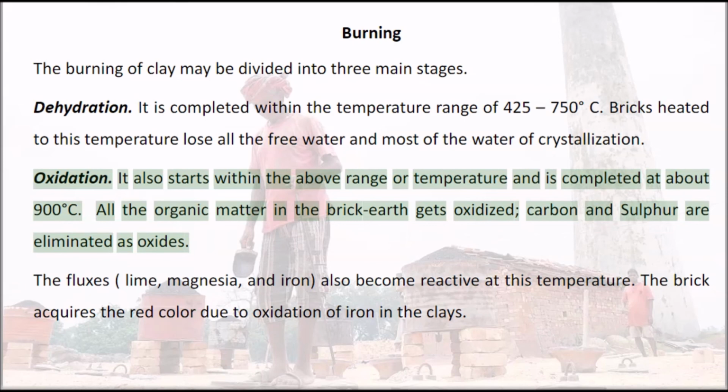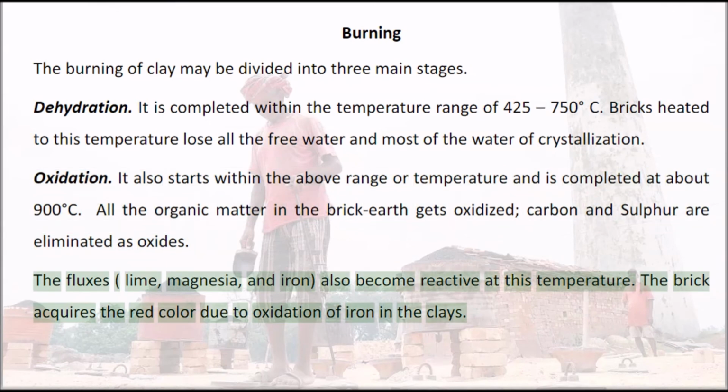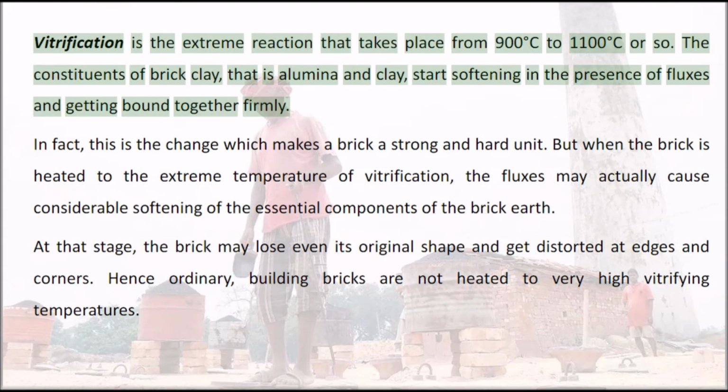Vitrification is the extreme reaction that takes place from 900 degrees Celsius to 1100 degrees Celsius or so. The constituents of brick clay, that is alumina and silica, start softening in the presence of fluxes and getting bound together firmly. In fact, this is the change which makes a brick a strong and hard unit.